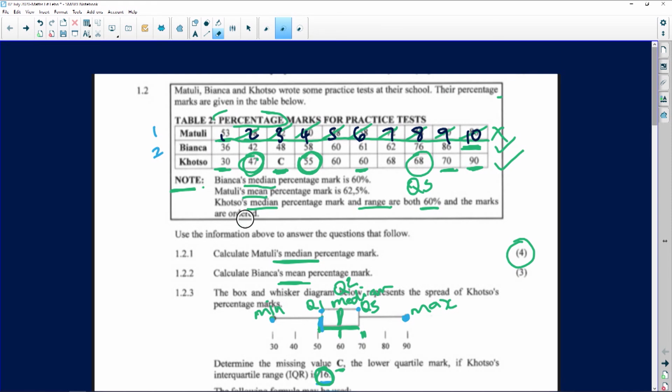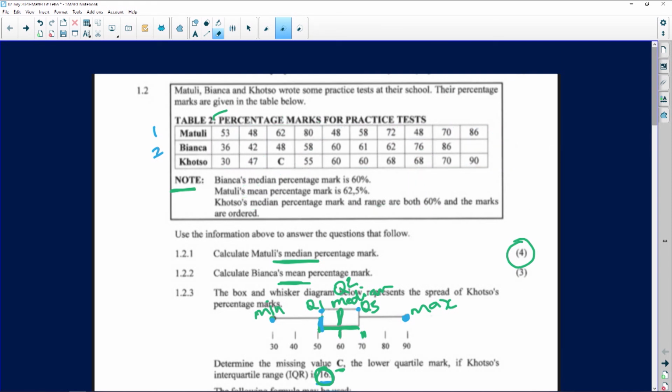First, Bianca's minimum is 36. Matuli's minimum is 53. No, I'm wrong. Matuli's minimum is 48. Remember, Matuli's marks are not ordered, so the minimum here is in fact 48.